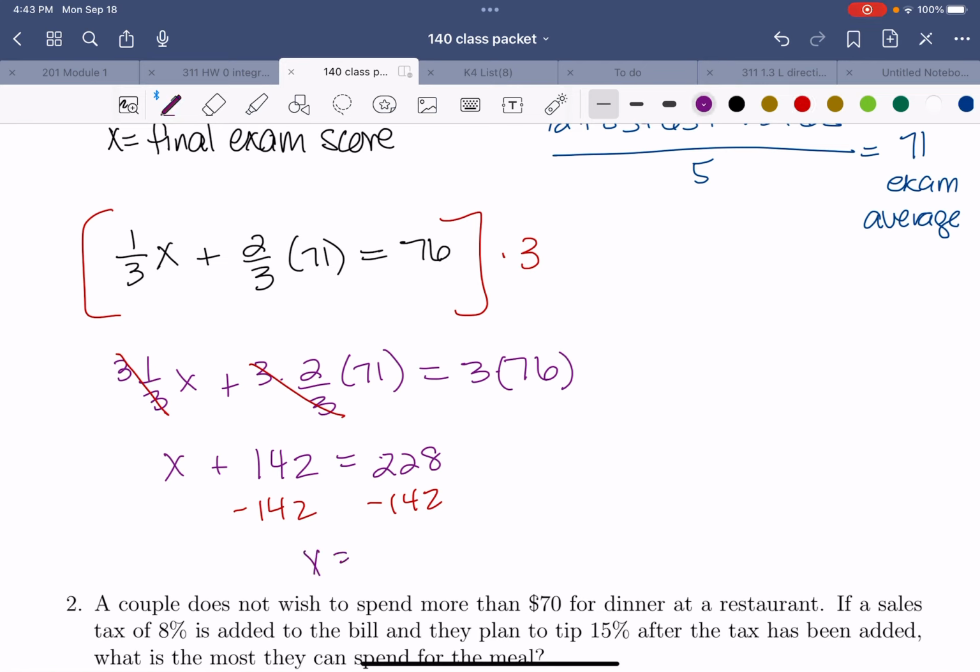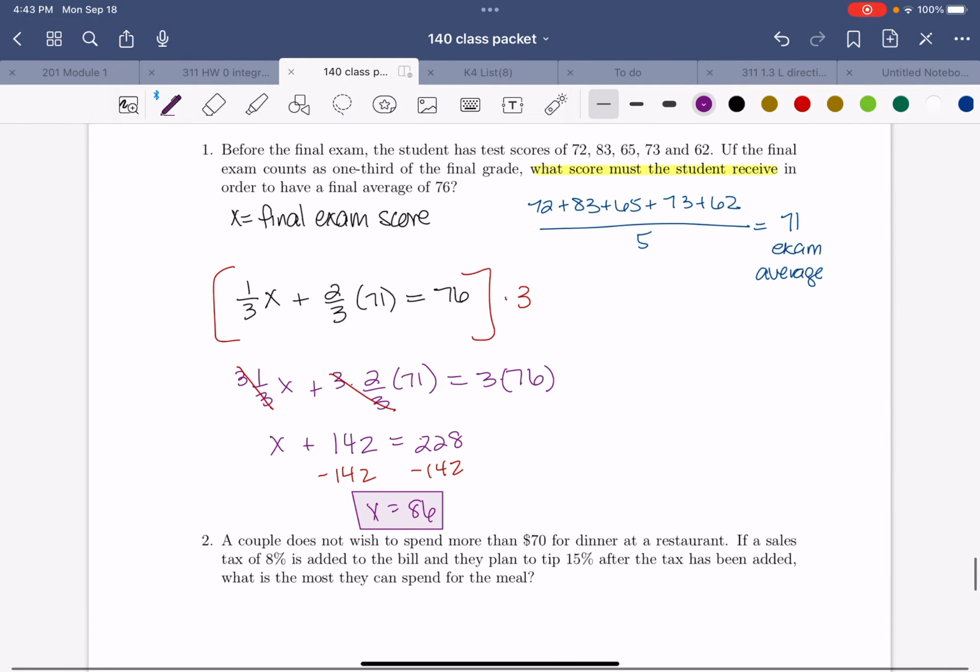And when we do that, we get 86. So they need an 86 on the final exam to get that average. Wait a second. 76 times 3 minus 142. Yeah, 86. So we need an 86 on the final to get the overall grade of 76.